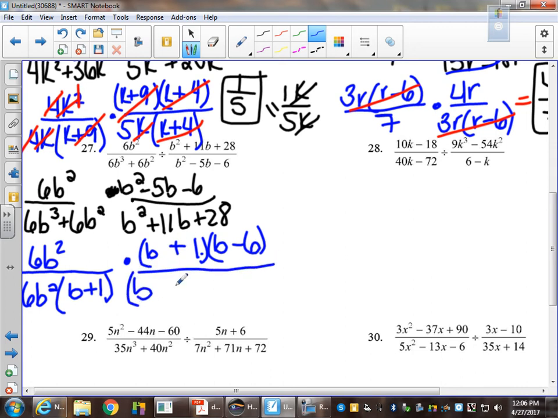Now we can also factor out this denominator. It's going to be 7 and 4, both positive. And we're done. So now let's cross off everything that's the same.